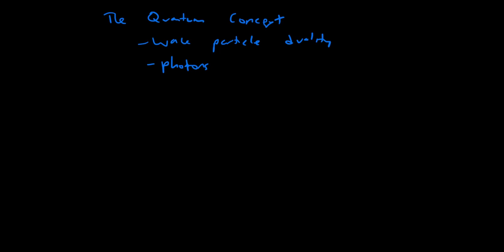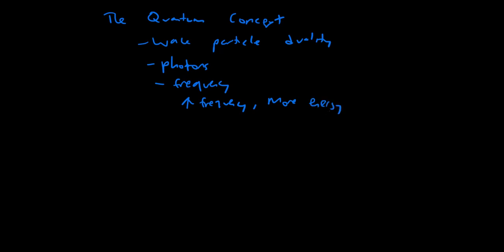And the amount of energy that each photon has depends on the frequency of the light. And the higher the frequency of the light, that means that the photons are going to have more energy.